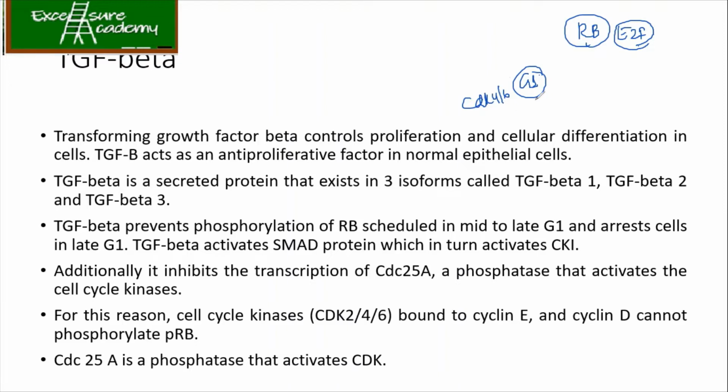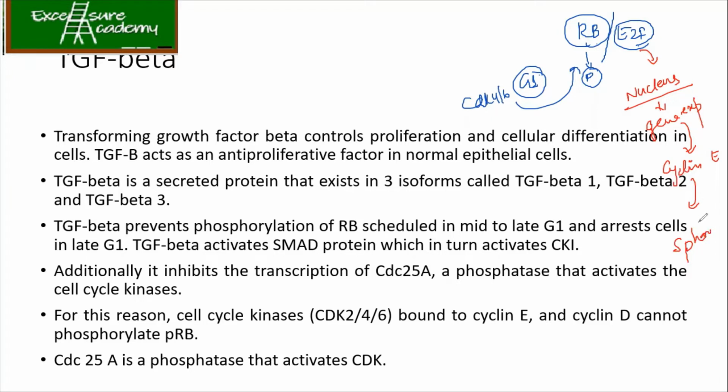Okay, this complete complex goes and phosphorylates your RB. Upon phosphorylation, what will happen? It loses the affinity for the E2F. So this will get dissociated. Now your E2F is free. It enters the nucleus and results in gene expression. Okay. Now what kind of gene expression are we talking about here? The cyclin E. Now why is cyclin E required? So that it enters your S phase, where cyclin E will bind to your CDK2 to form a complex. Okay. And that is your S phase.